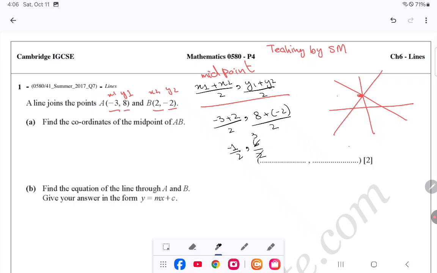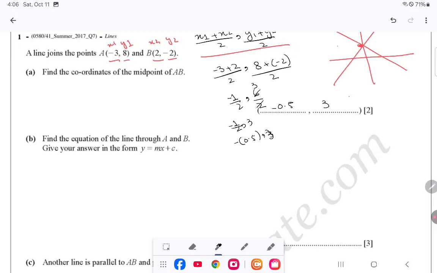So we will be left with -1 over 2 comma 3, or we can say -0.5 comma 3. So our x is -0.5 and our y is 3. This is the midpoint of the line A and B.